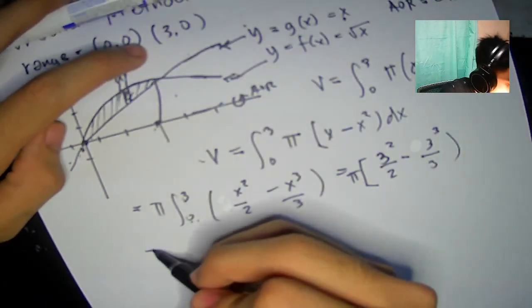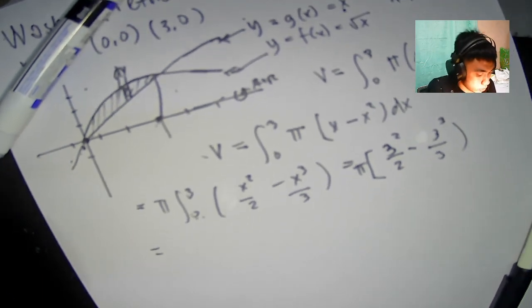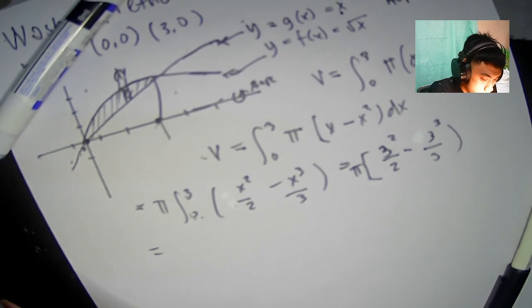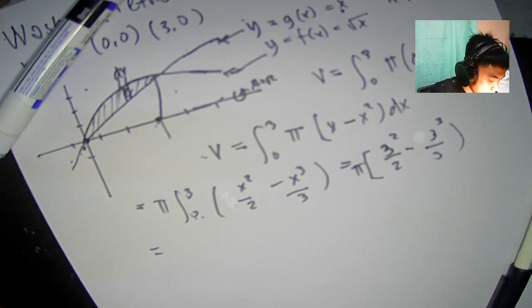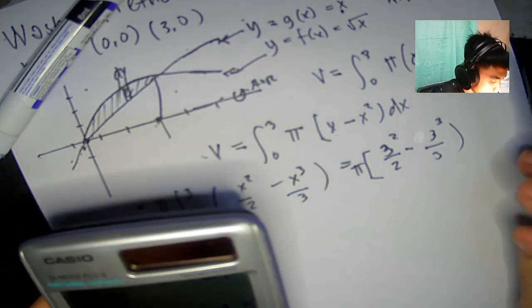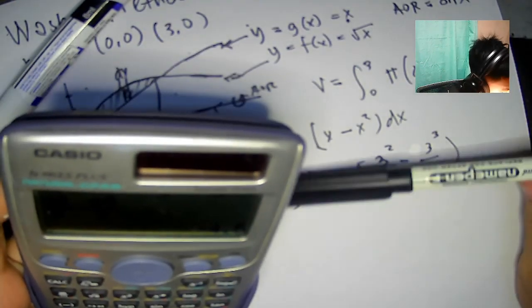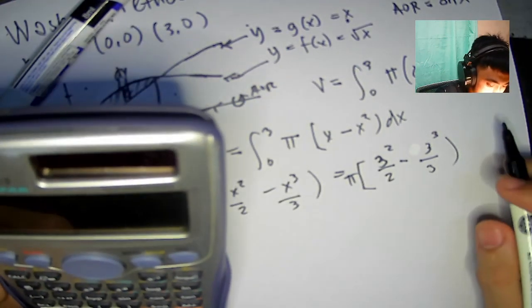So we'll have here, input 3 squared over 2 minus 3 cubed over 3 equals, just 3.